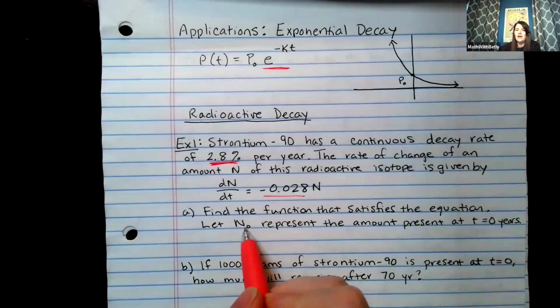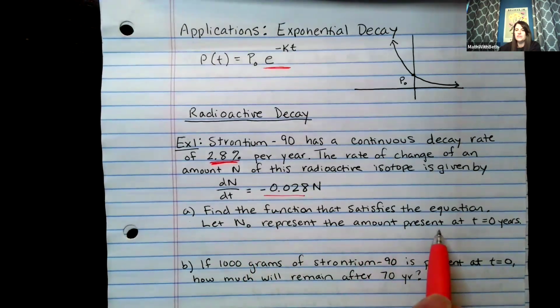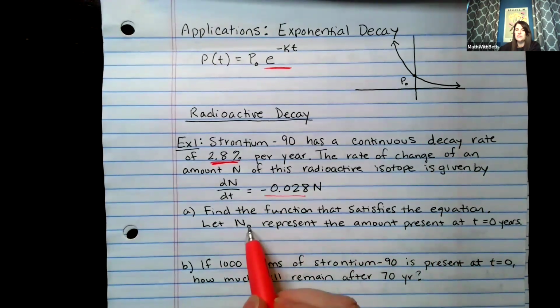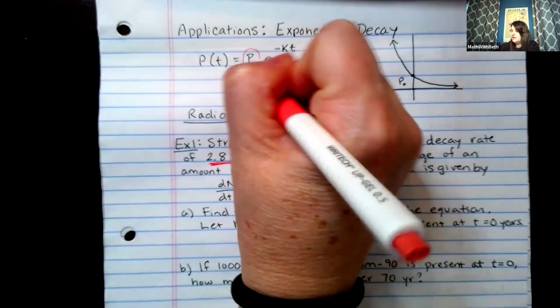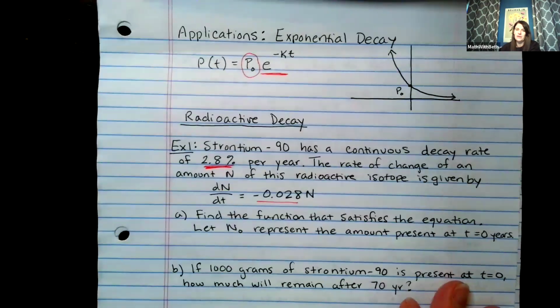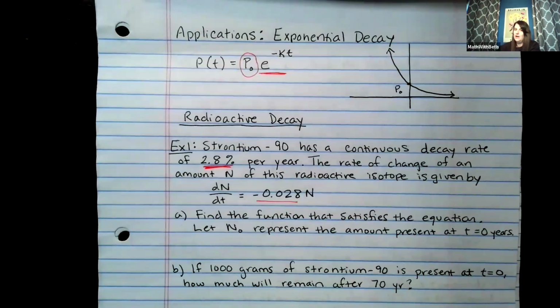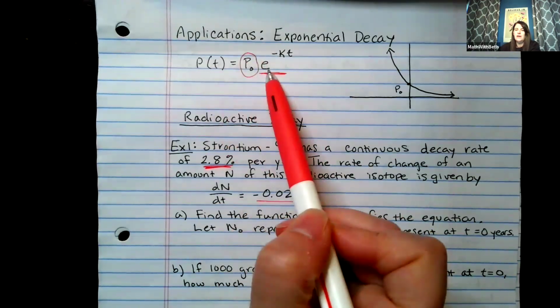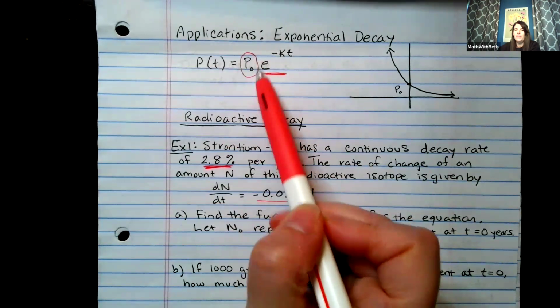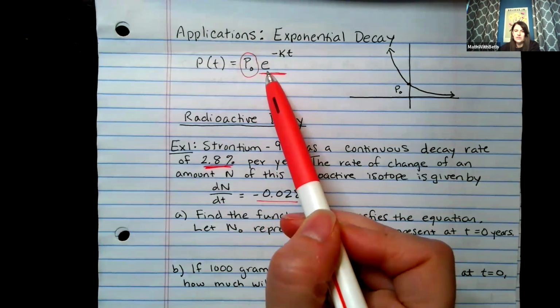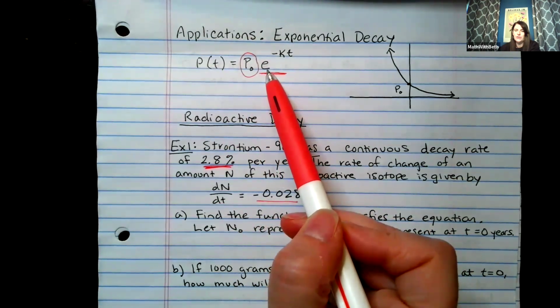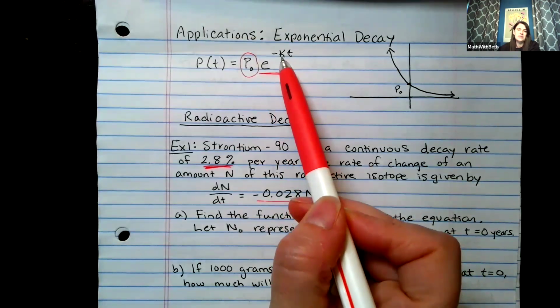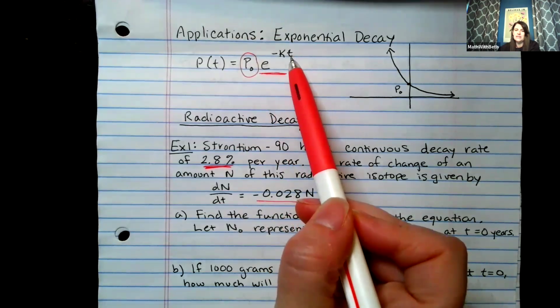And they say let N sub 0 represent the amount present at t equals 0, which just means the starting amount. So they're basically telling you, instead of P sub 0, make it N sub 0, because this equation is used when you have a starting amount. e is just e, because remember it's a number, 2.71. k is the rate, and t is the time.